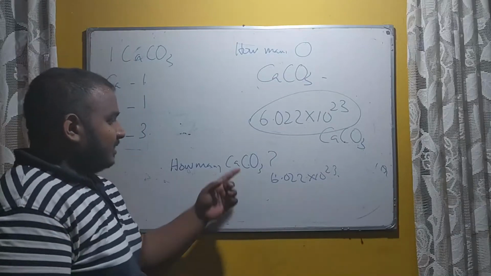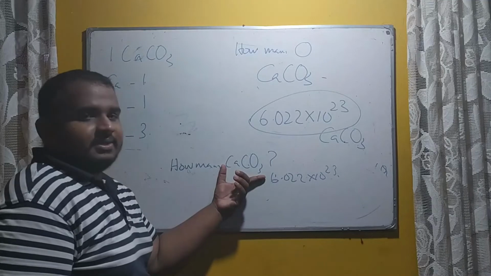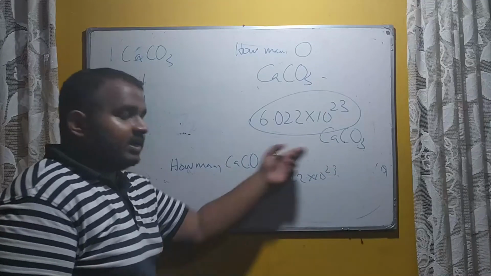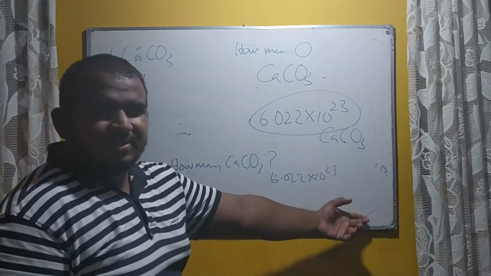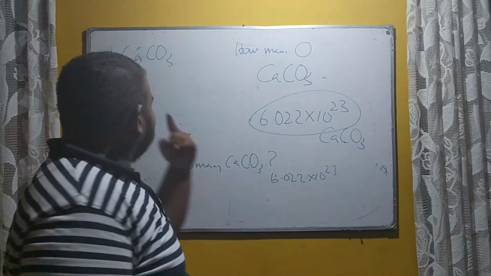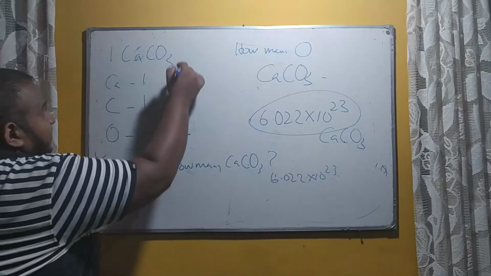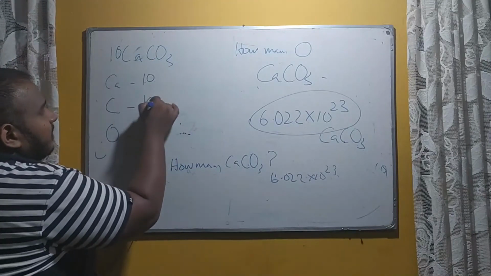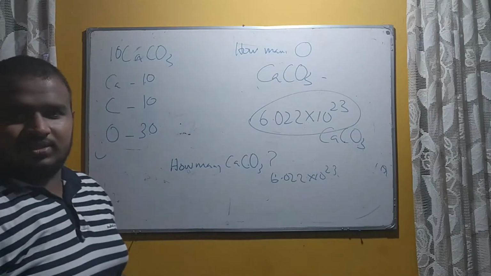But here, we found that in 100 grams of calcium carbonate, there is this much calcium carbonate. So if they ask how many oxygens are present, if you consider one calcium carbonate, there are 3. If you consider 10 calcium carbonate, it will be multiplied by 10: 10 calcium, 10 carbon and 30 oxygen.